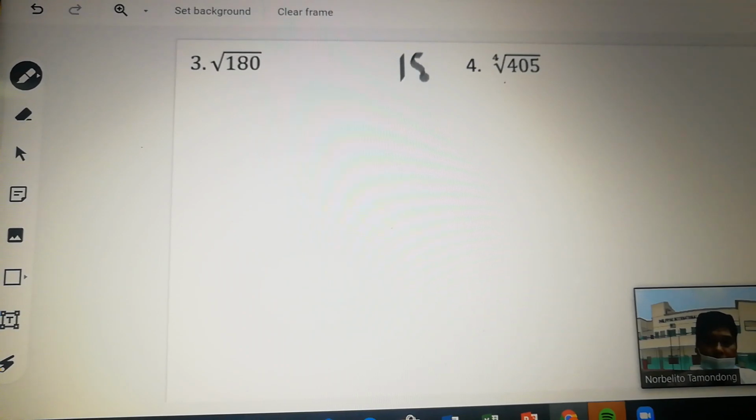So 180, divide this by 2 since the last digit is 0. 18 divided by 2 is equal to 9. So this is now equal to 90. Your last digit is 0. You divide again by 2. So 9 divided by 2 is equal to 4. 10 divided by 2 is equal to 5.